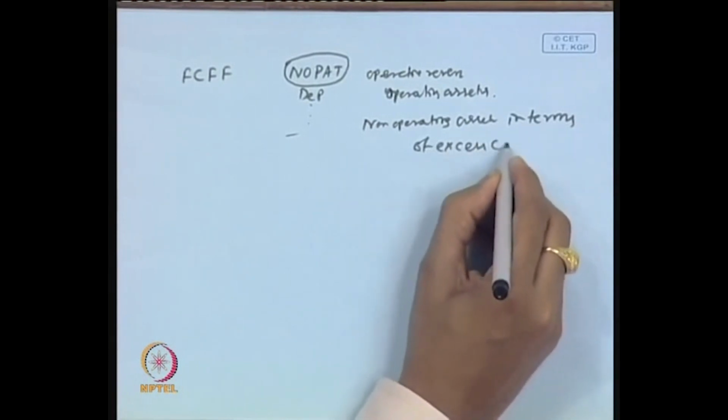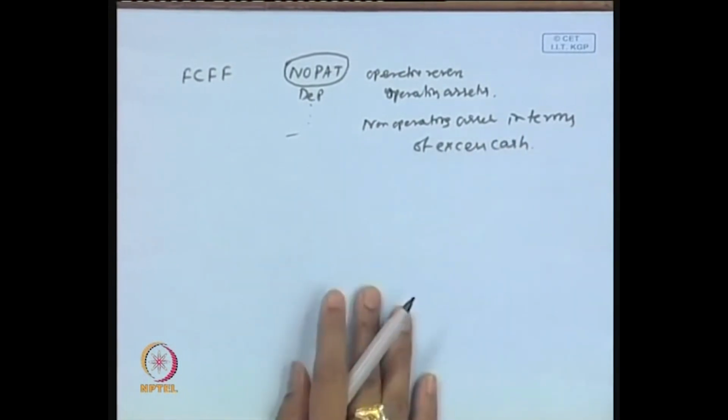That means some cash is there with the company which is not used by the company for generating any income, it is something like idle. In that case, whatever operating profit has been found out is driven by those assets other than that excess cash.